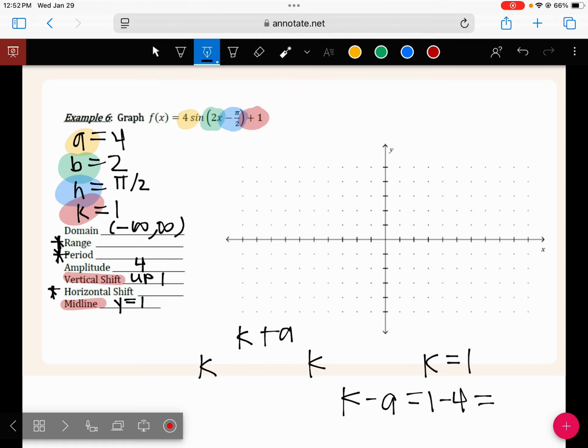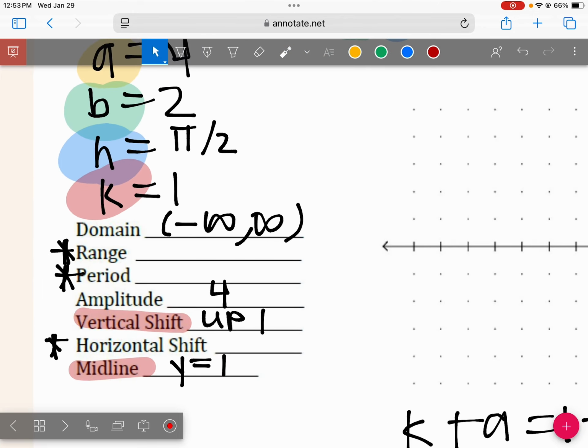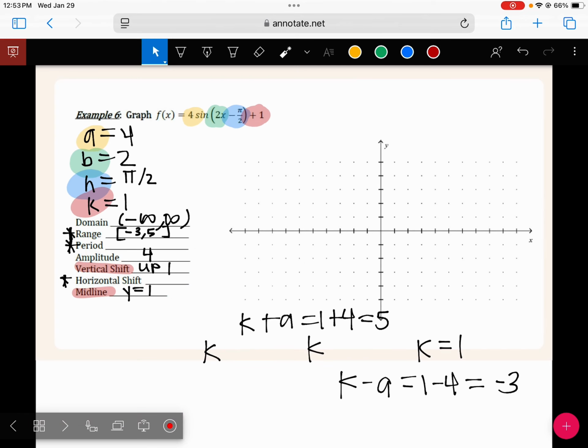So 1 minus 4 is negative 3, and 1 plus 4 is 5. So our range is from negative 3 to 5.